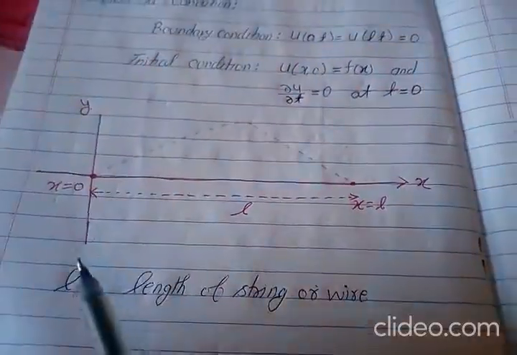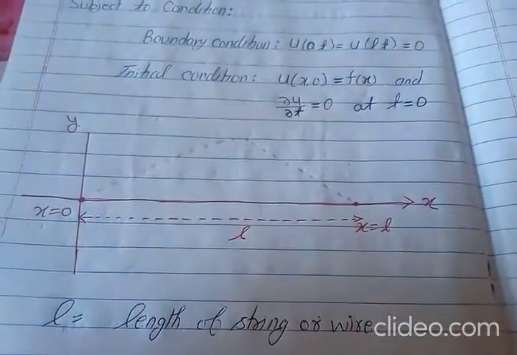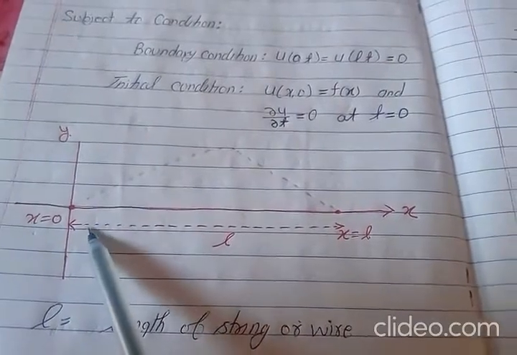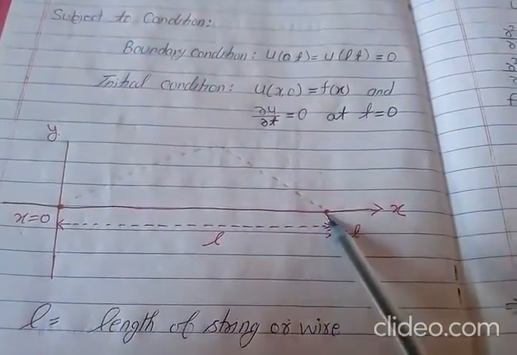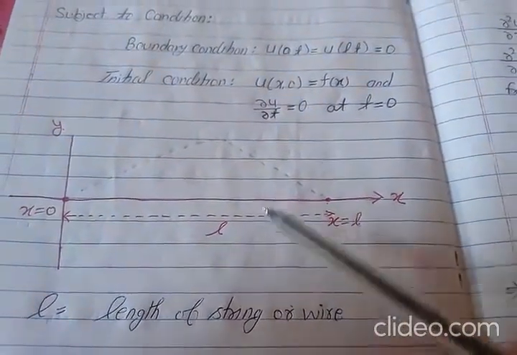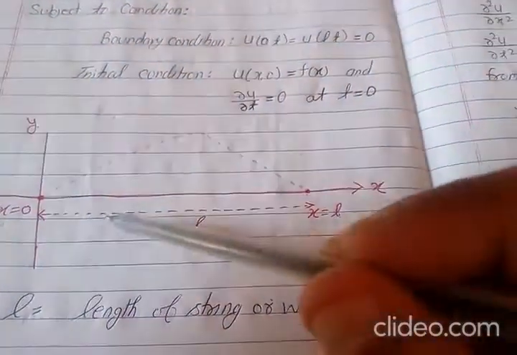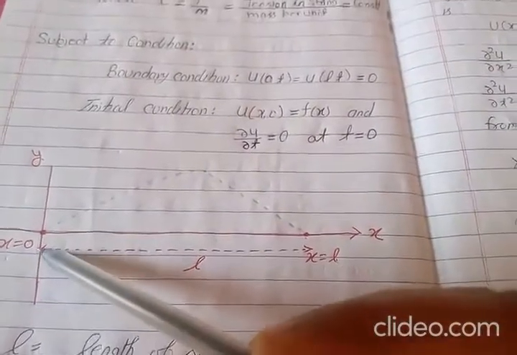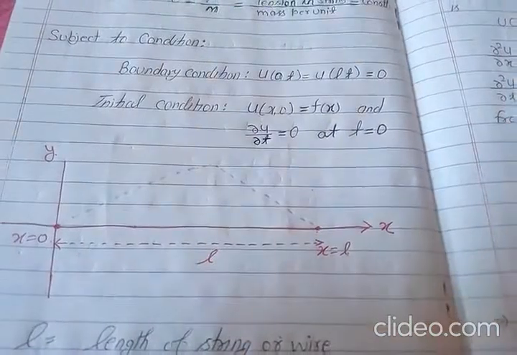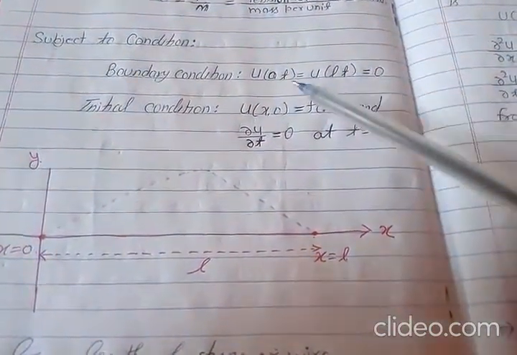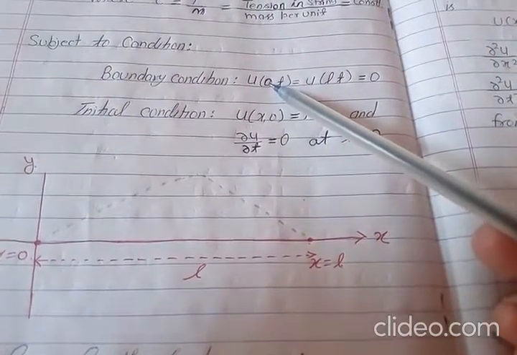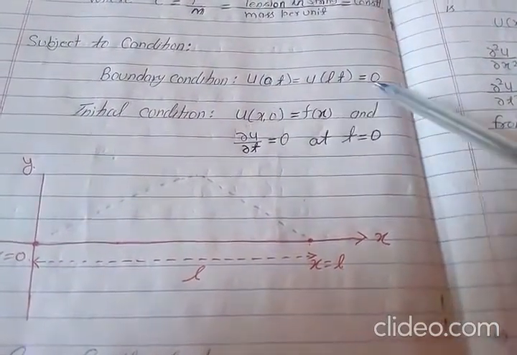Now if we see it in a graphical way, then our problem can be expressed as: there is a wire or a string which is from x = 0 to x = L, which is the length of the string or wire, and it is tightly stretched from both points x = 0 and x = L. If we see the first boundary condition, at x = 0 the value of the function is 0.